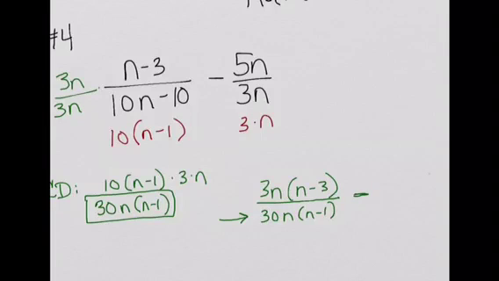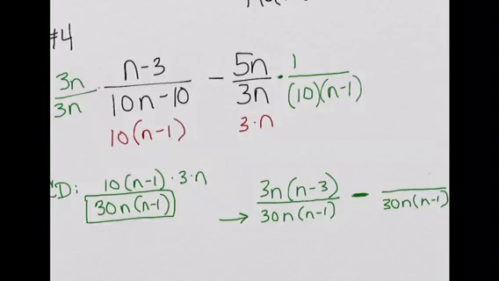I need to take away my second fraction. So it needs to have the exact same denominator. The question here is, what did I have to add through multiplication to the denominator in order to make it look like 30 times n minus 1? It looks like I need a 10 and an n minus 1.